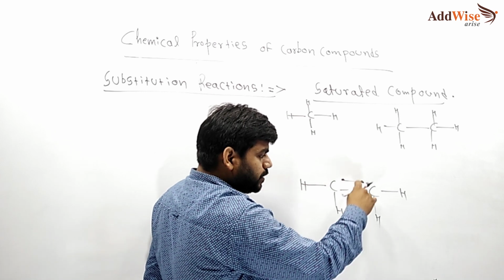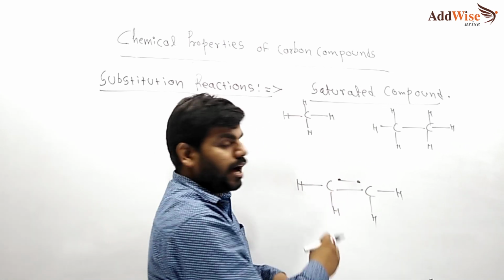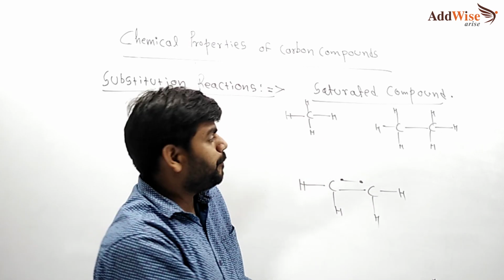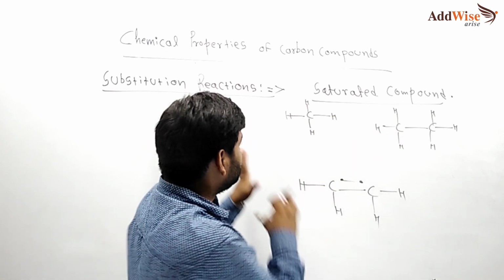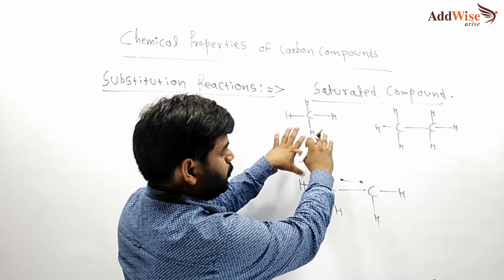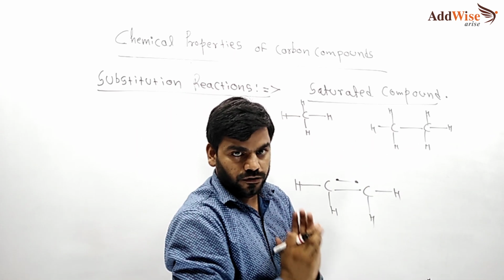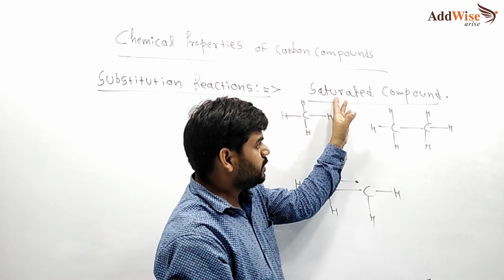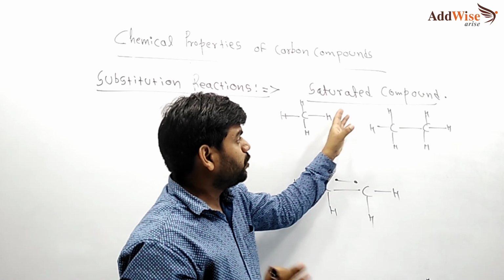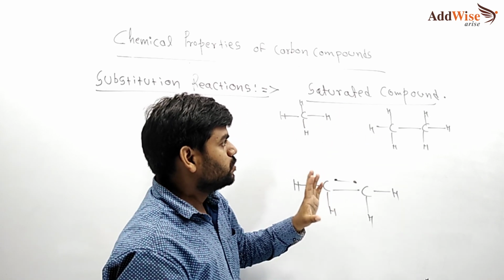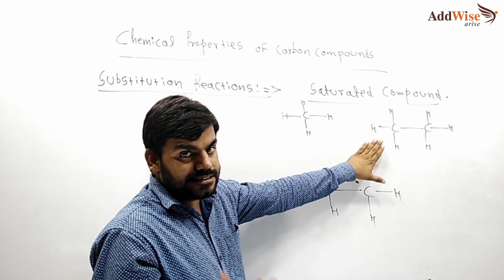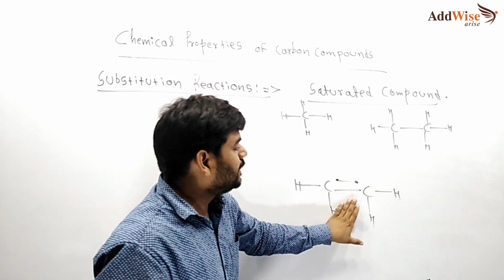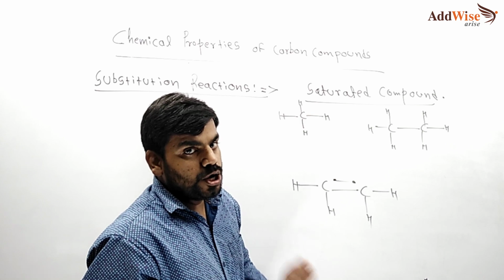So unsaturated organic compounds are more reactive as compared to saturated organic compounds. So we'll study substitution reaction for saturated organic compounds. Substitution reaction mostly occurs for saturated organic compounds. A simple point: saturated compounds are less reactive as compared to unsaturated organic compounds.